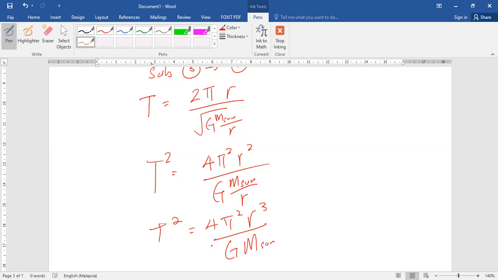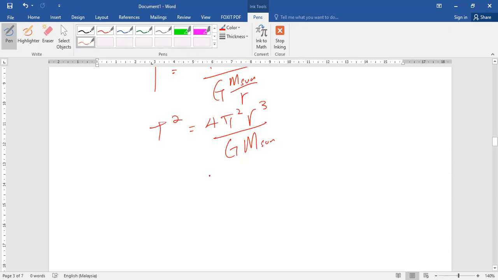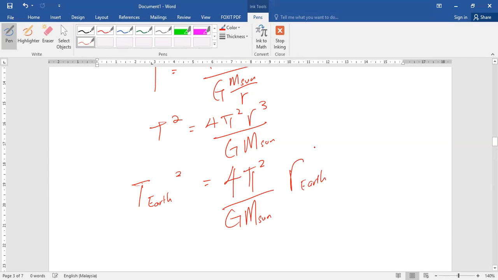So now the period taken for the Earth, squared, will be equal to 4 pi squared over G M sun times the distance of the Earth, from the center of the Earth to the center of the sun, cubed.